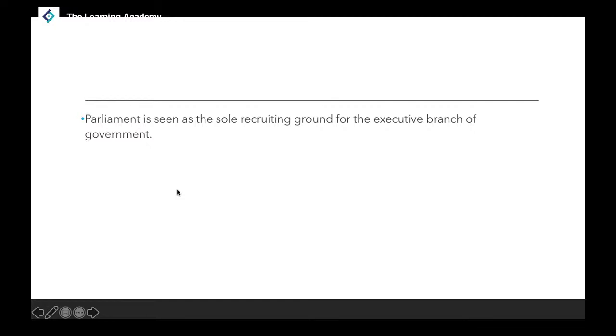So really, to be a member of the government, you must also be a member of the legislature. So you have to be elected or appointed as a peer in Parliament. A function of Parliament is to provide this ground for the executive to recruit members of Parliament, and that is the argument that we could make here.